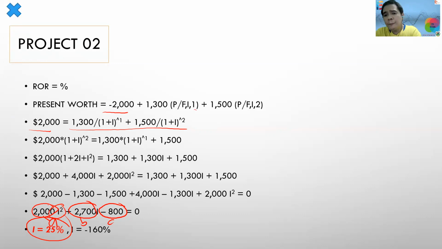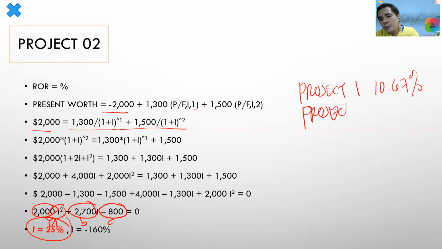Comparing project 1 and project 2, it tells you that project 2 has a greater internal rate of return, which gives you a greater value of interest.